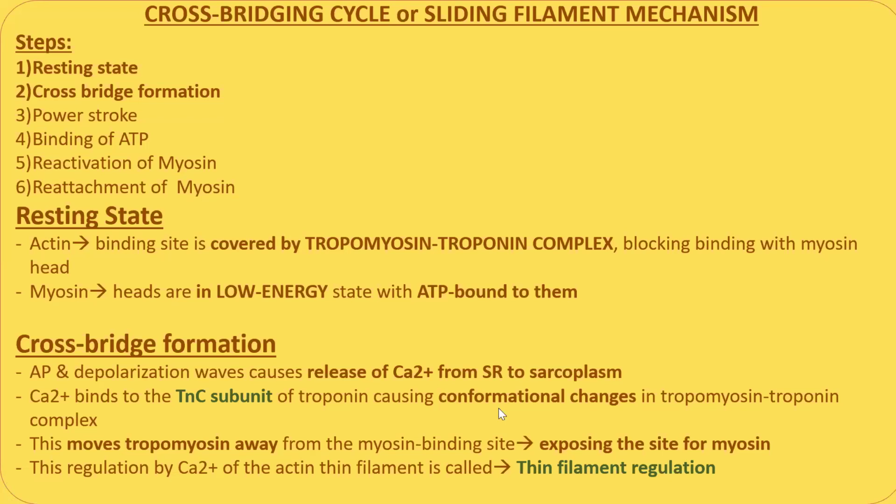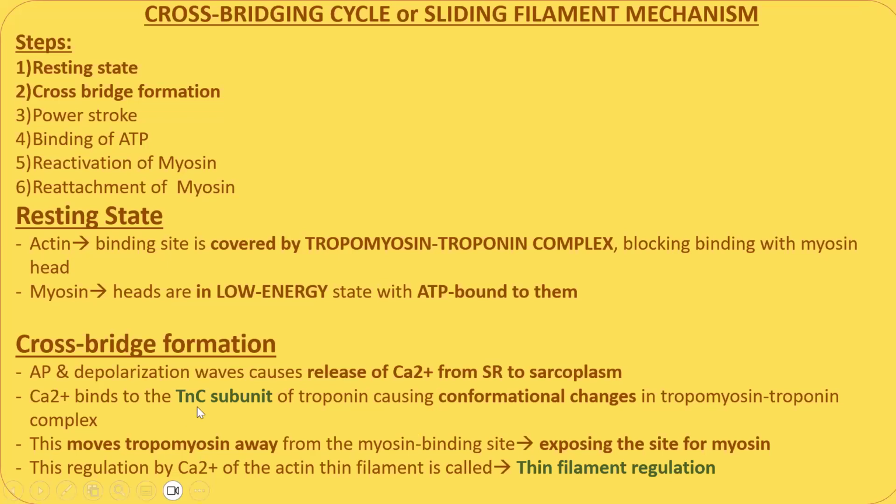The shape will change, and depending on the shape of the enzyme, protein, or channel, it will affect its function and its binding ability to other molecules. So it all depends on the conformational changes. At resting state we had one position, but once calcium binds and causes a shape change, we have another position.